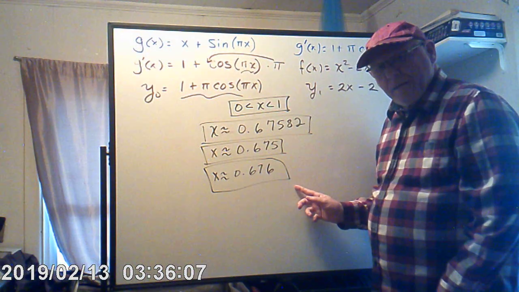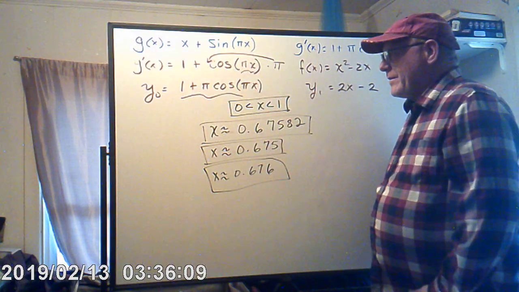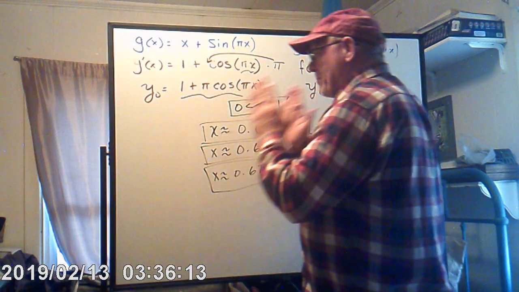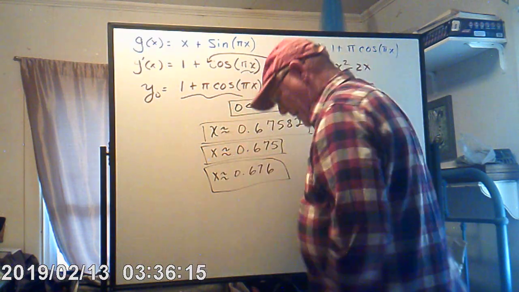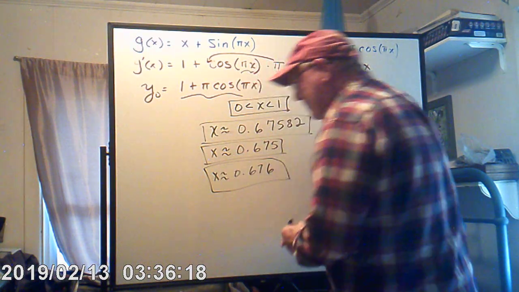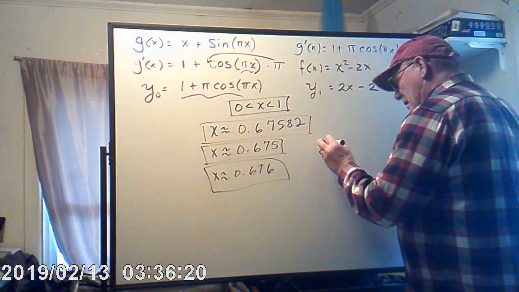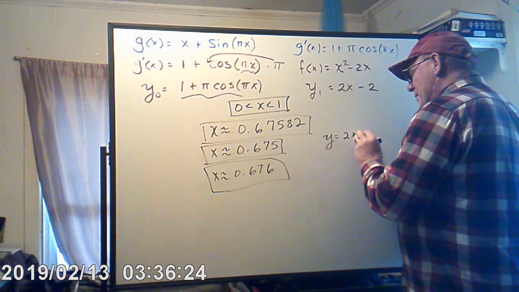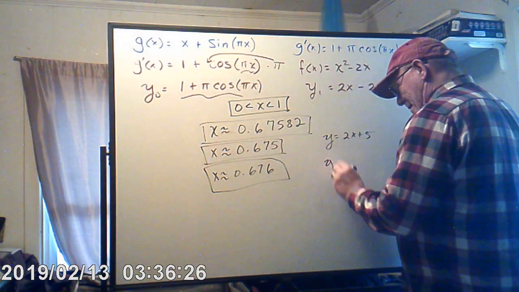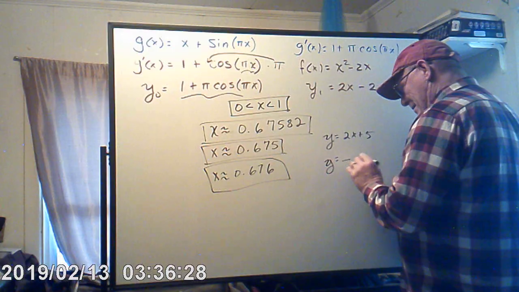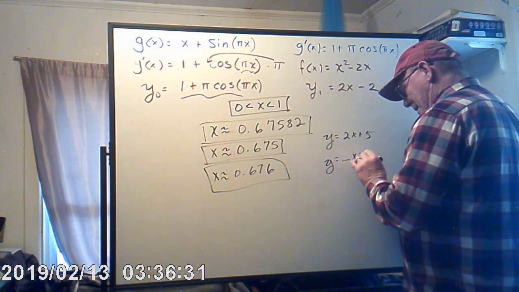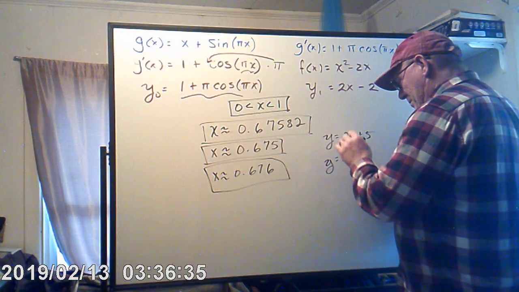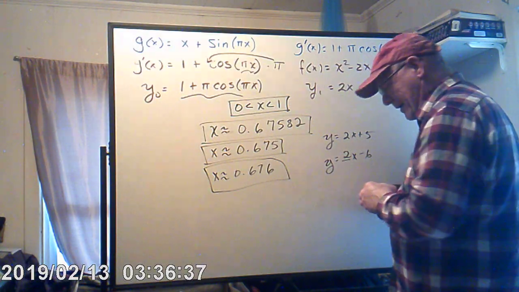Okay. And that's all you really have to do. But the key to understanding is that the slopes must be the same. Okay? So if I had an equation, y is equal to 2x plus 5, then this slope here must be the same thing. And it must be a 2. So we find out where they intersect.